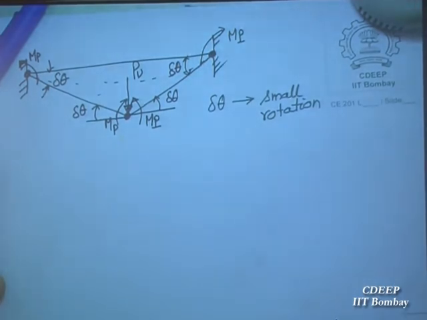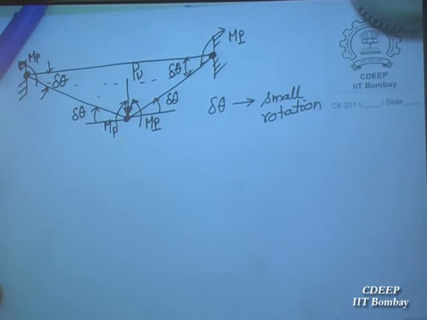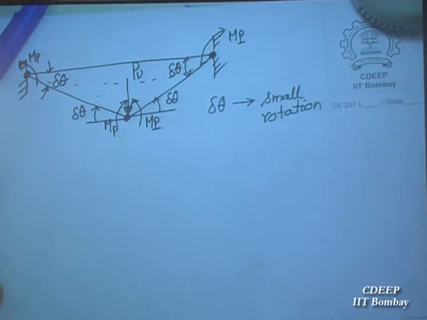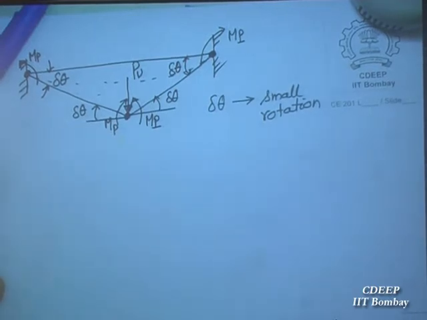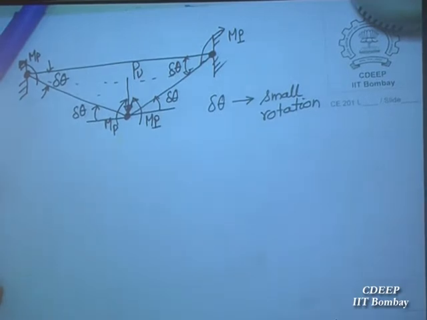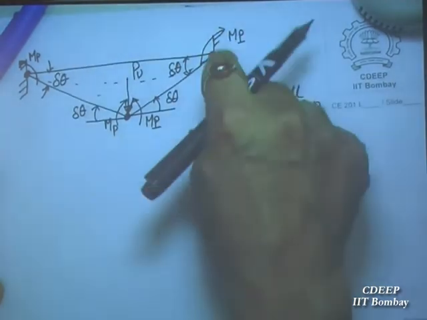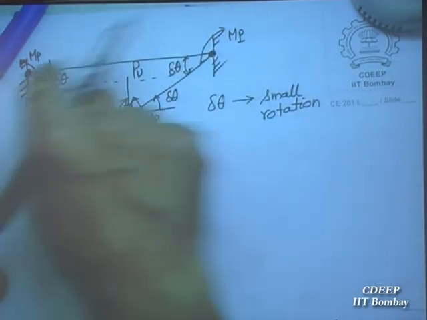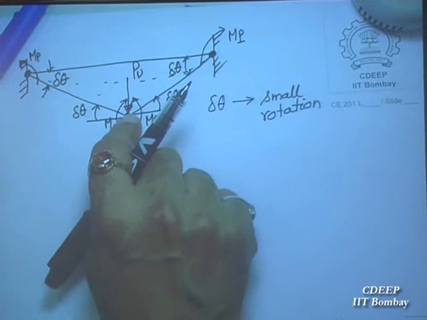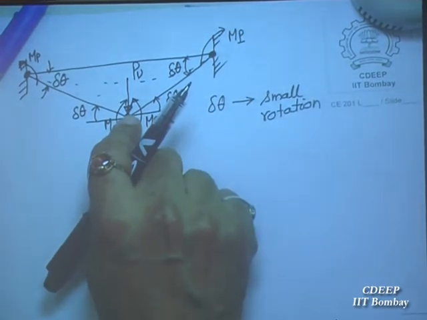An indeterminate problem has to be solved so that we can find out the moments. So it is bigger if you solve it. But otherwise also, at failure, these 3 hinges will form at three locations. Finished. Because these 3 points are where maximum moments are occurring. So ultimately these are the 3 points.